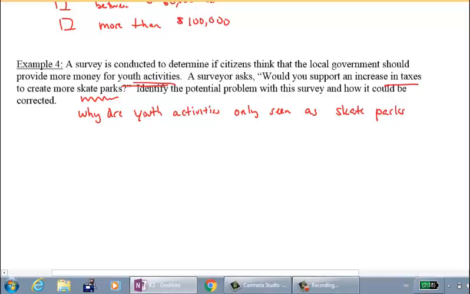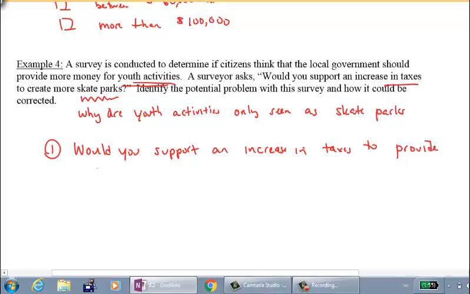So what can you do instead? Well, I think you're looking at two things here. You might want to ask the first question as, hey, do you actually support an increase in taxes to pay for youth activities? So I would frame it this way. Would you support an increase in taxes to provide more money for youth activities?